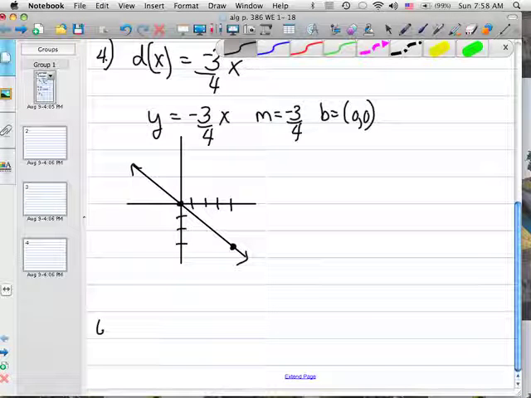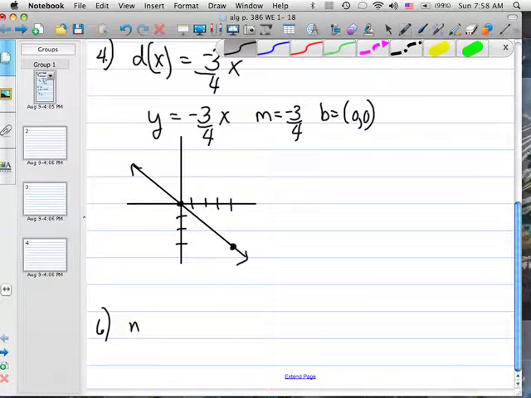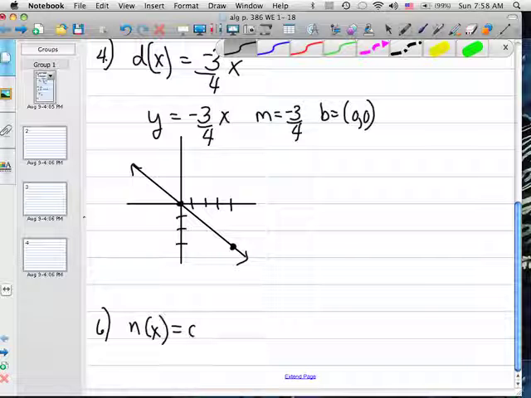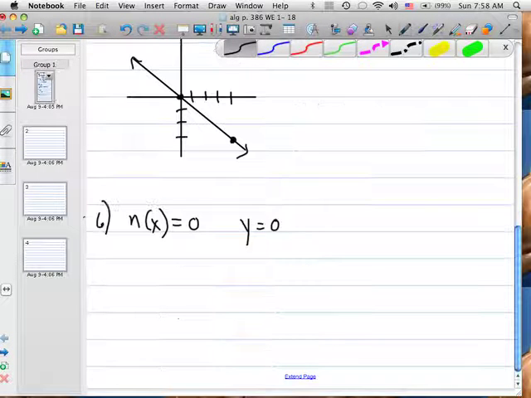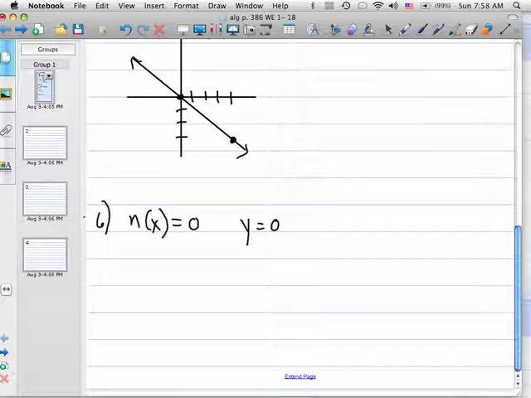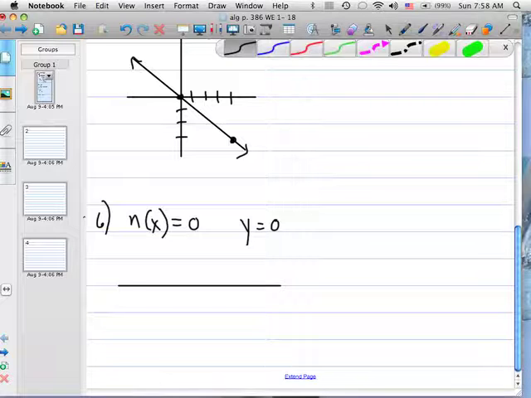Problem number 6 says n of x equals 0. That could be written as y equals 0. There is no b here, so the intercept is at 0, 0.